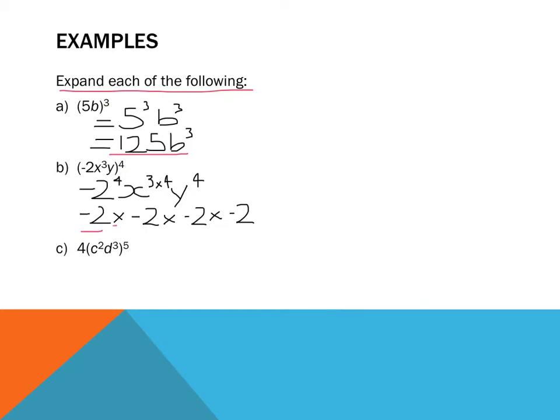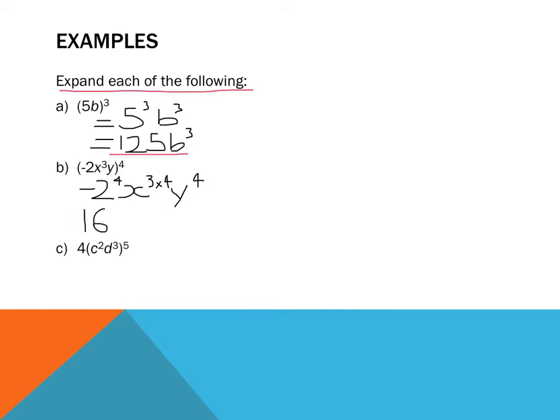Negative 2 times negative 2 becomes positive 4, because there's a negative and a negative, okay? So my running total is positive 4. Positive 4 multiplied by negative 2 is negative 8. Negative 8 multiplied by negative 2 is positive 16, okay? So negative 2 to the power of 4 is positive 16.